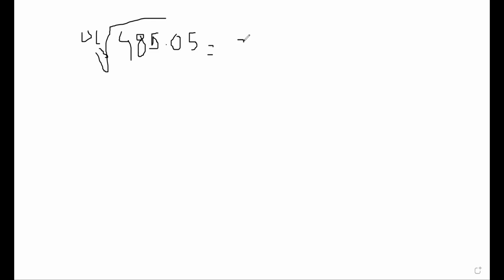Then the square: 7.85 multiplied by 7.85, the answer is 61.62.